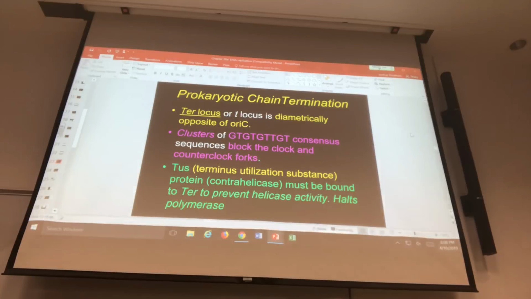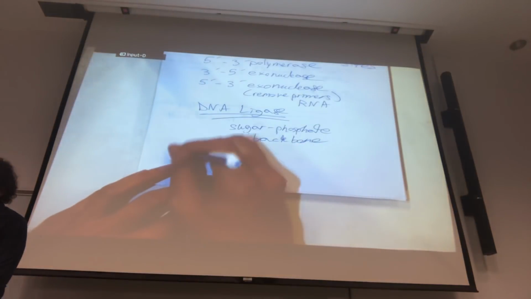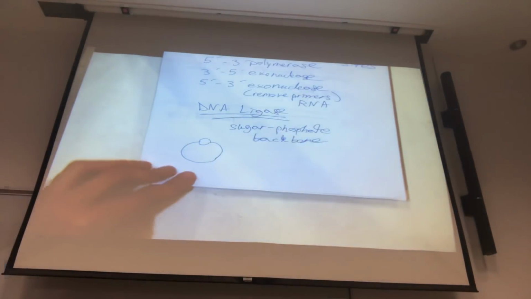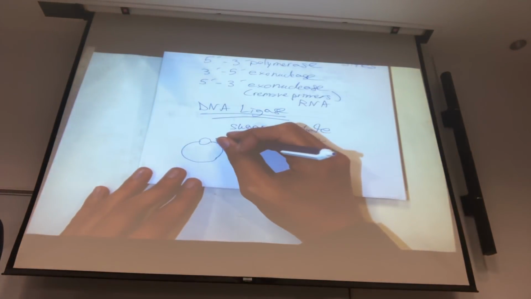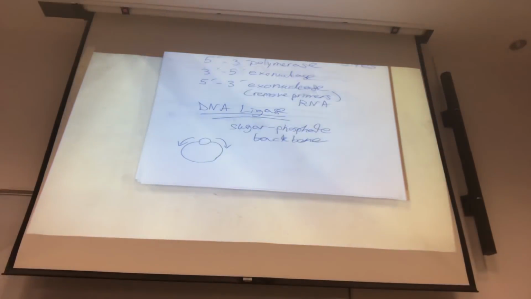Other prokaryotic specific stuff. Because prokaryotic DNA is circular, we mentioned earlier you only need one origin of replication. And because DNA replication is bidirectional, you create two replication forks in this circular DNA.